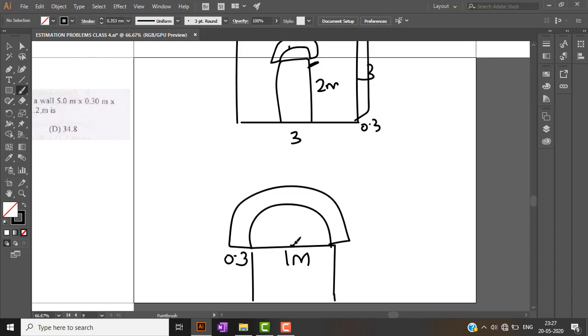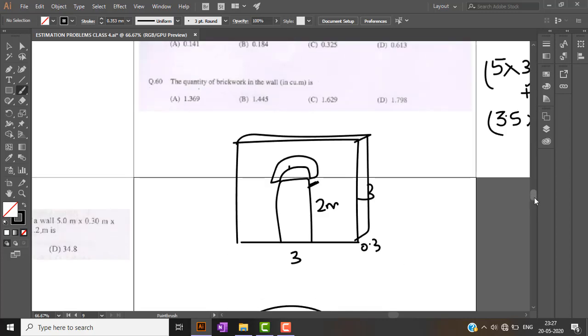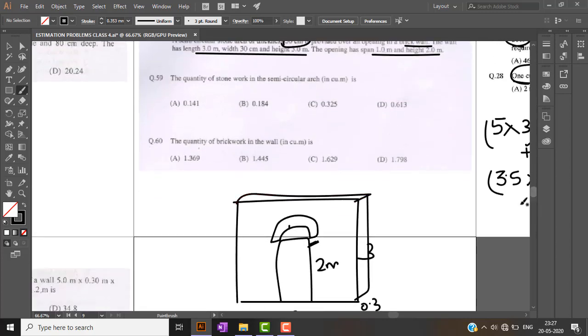Considering this as the center point, the outer radius will be 0.5 plus 0.3, that is 0.8 meter, and the inner radius will be 0.5. We know the area of a semicircle is half pi r square.